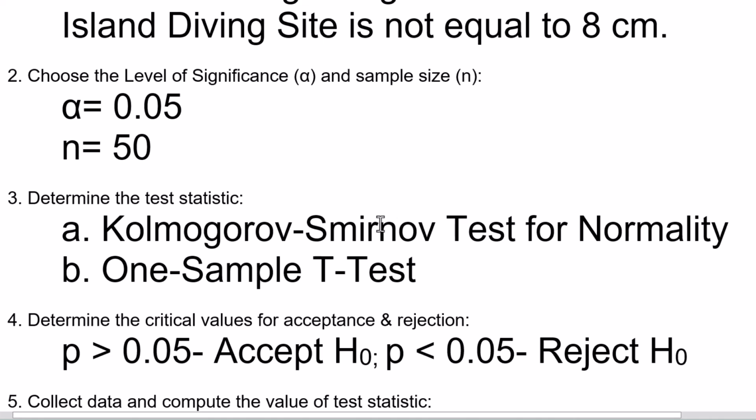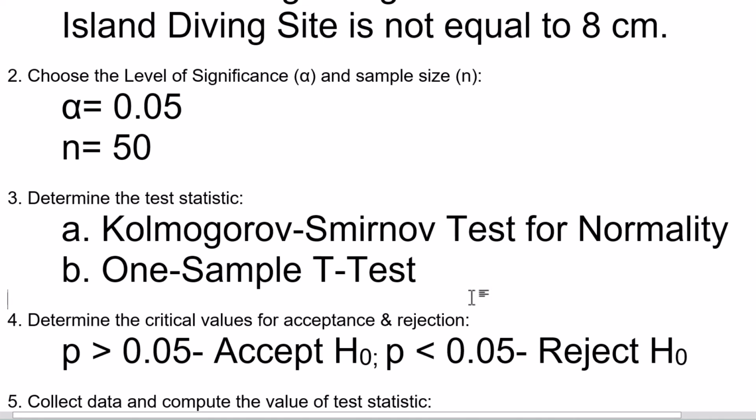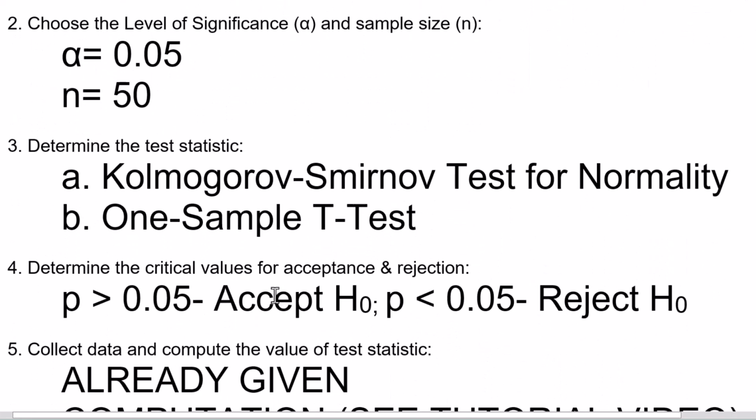So first, I included here your Kolmogorov-Smirnov test for normality. So this is a requirement kasi nga one sample t-test is a parametric test. And we need to ensure that the data we have from our samples is normally distributed. So pag na-ensure na natin na normally distributed, we can now perform one sample t-test. And of course, our primary statistic is one sample t-test.